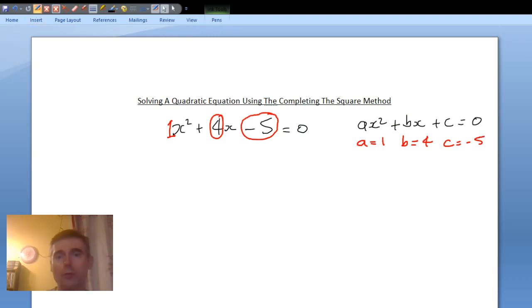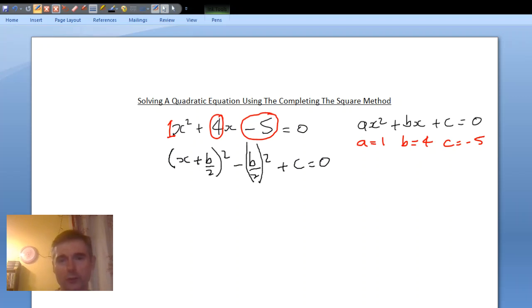So the way we use the completing the square method is we rewrite this equation, x squared plus 4x minus 5 equals 0, in the completed square form. And what we have is a formula for that, which is that x plus b over 2 all squared minus b over 2 all squared again plus c is equal to 0.